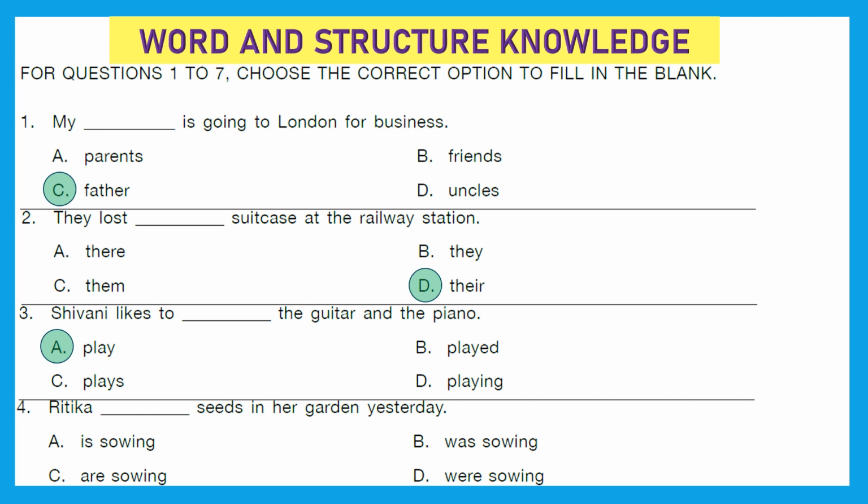And with singular, we use was. So the correct option is option B, was sewing. The sentence is in the past continuous tense because it describes an action that was ongoing at a particular moment in time, as indicated by the word yesterday in the sentence. So was sewing is the answer.